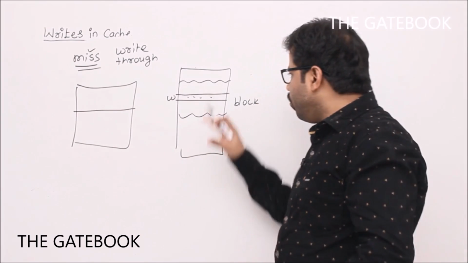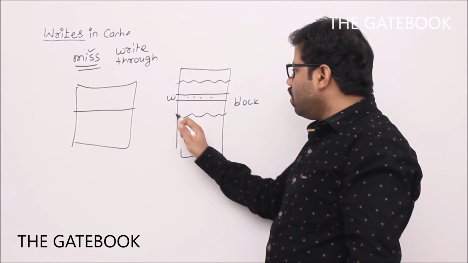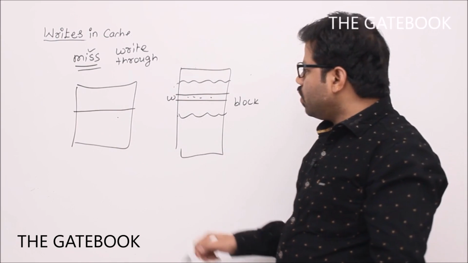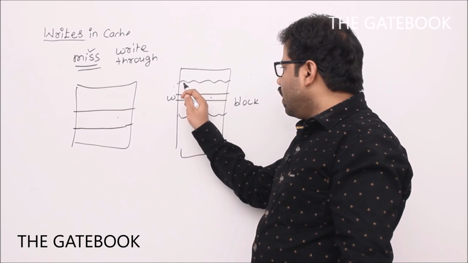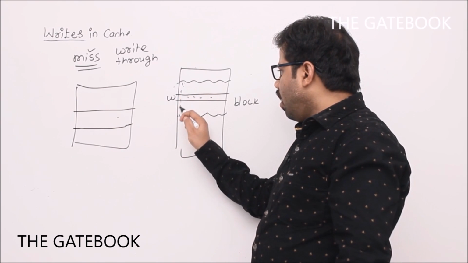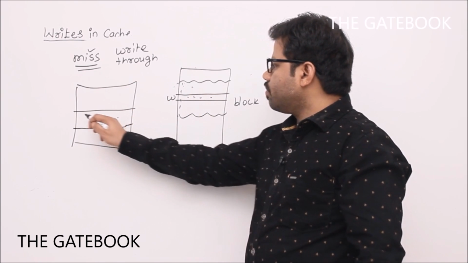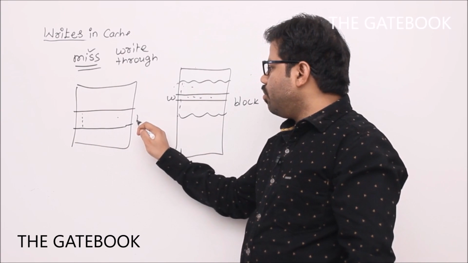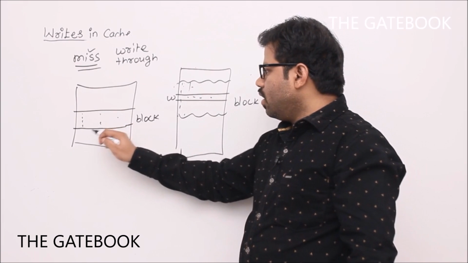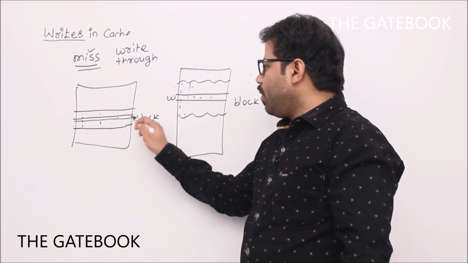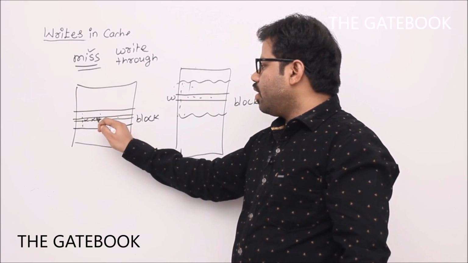Generally, we have to bring the entire block into the cache, correct? In the write through procedure we do the same thing. One simple solution is to move the entire block into the cache first because of the cache miss, and then the appropriate word will be updated.